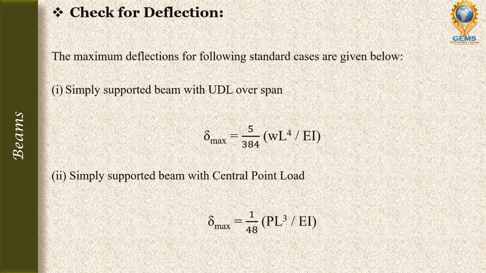First one is a simply supported beam with UDL, uniformly distributed load, over the full span L. The formula to find the deflection in a simply supported beam having a UDL is delta max equal to 5 by 384 into WL power 4 by EI.